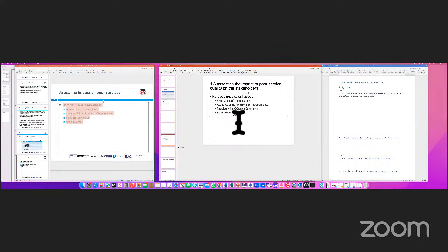And then what is the impact? So in this case, stakeholders, say for example, if I just take the patient, quality of care is compromised, and this could lead to fatalities. So what could be the end result if the quality of care is compromised?